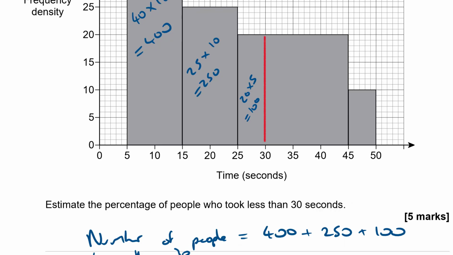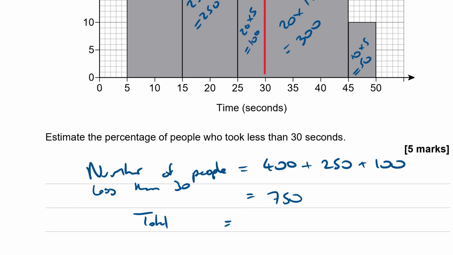So if I then add up the other ones, okay, so this one has still got a height of 20 and it's got a width of 15. So what's that? That's 300. And then this one has got a height of 10 and a width of 5. So that's 50. So then the total is going to be my 750 plus 300 plus 50.